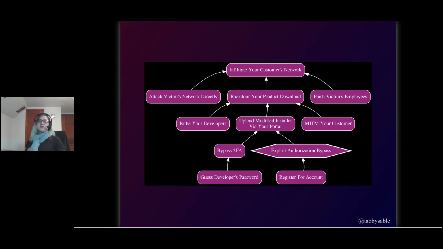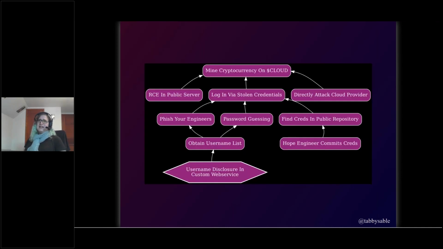They could be registered as an ordinary end user, but by exploiting a bug they've discovered in your software, they could take on a role of your employee and start sending their modified software to your customers in a supply chain attack. So this is how something that is seemingly unrelated, like exploiting an authorization bypass, could end up with you being in the news. Suppose instead I'm the attacker and I just want to make some money.